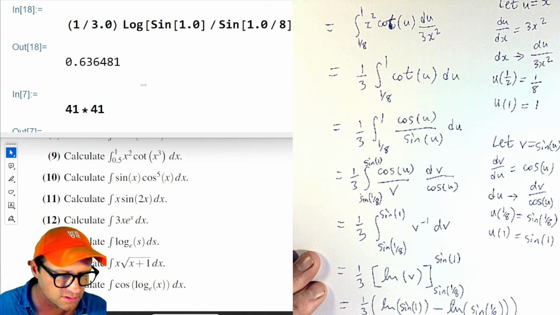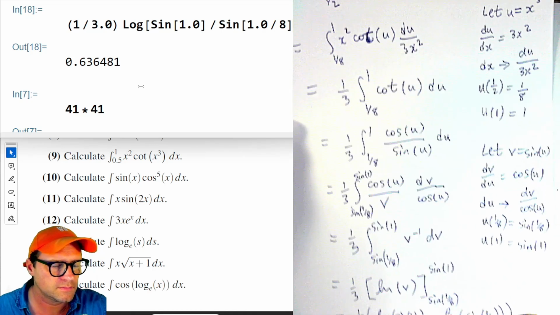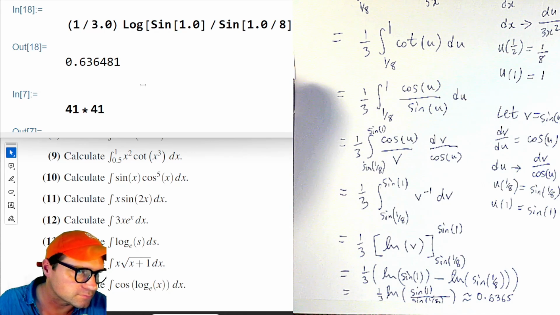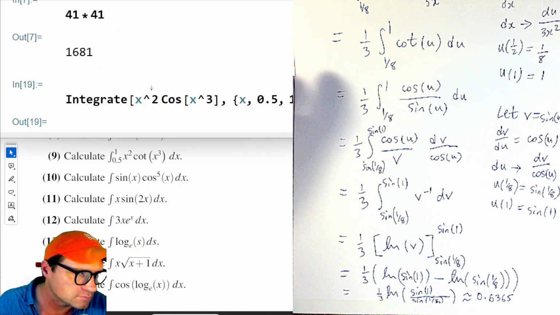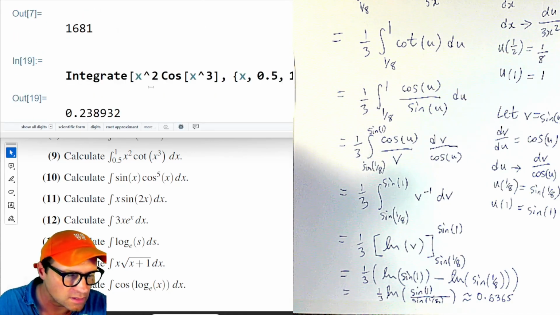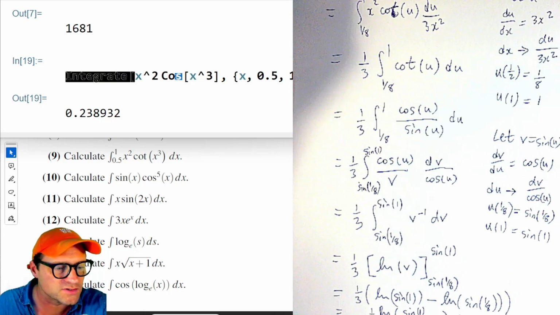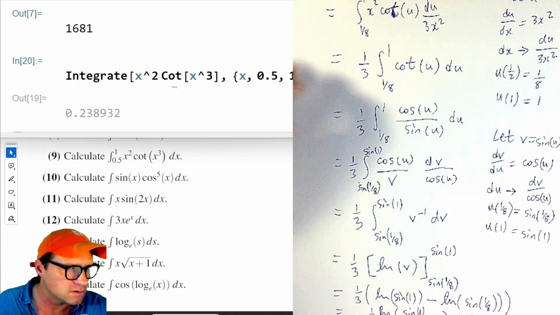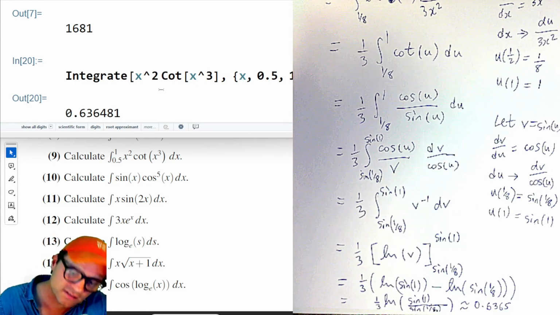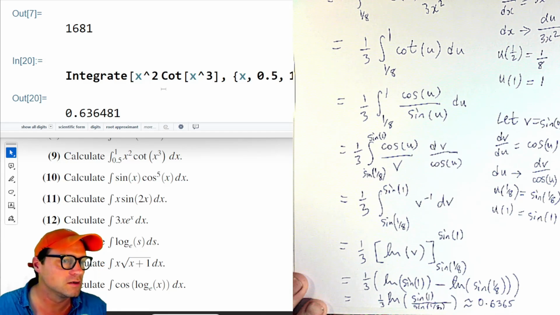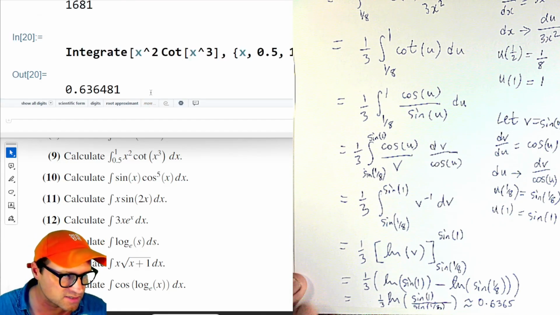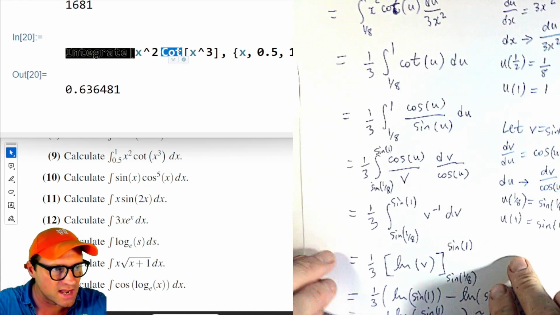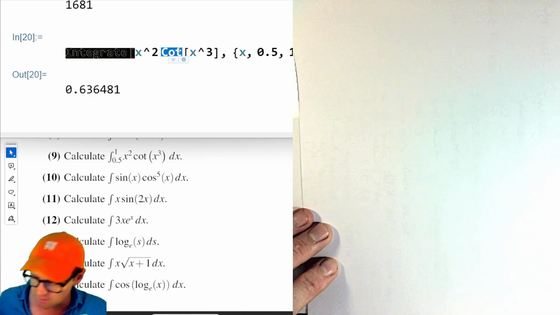What did I do? x squared, no, okay, I put cos rather than cot. There we go. Okay, good. Now that's the same thing as what we got there. So 0.6364 when we change that to cot as it should have said. All right, fantastic. Let's move on to question 10.